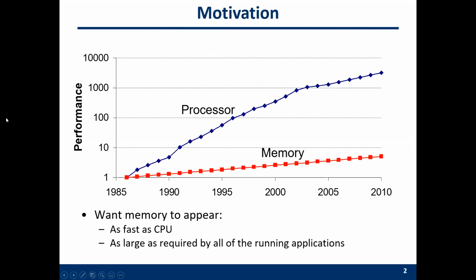You can see that the speed of your CPU significantly increases over years. The x-axis here is the age. The y-axis here is the relative performance. We can see that by pipelining and microarchitecture innovation, the performance of a processor increases a lot.